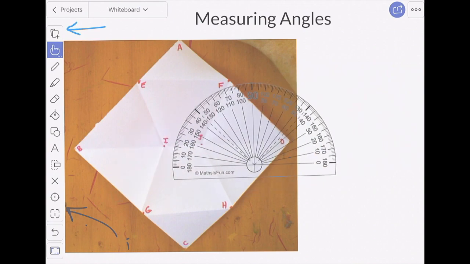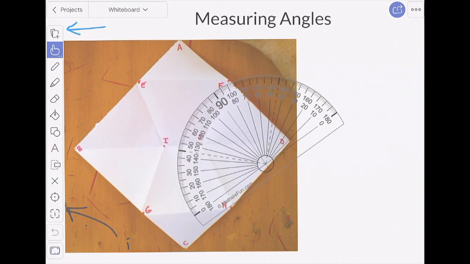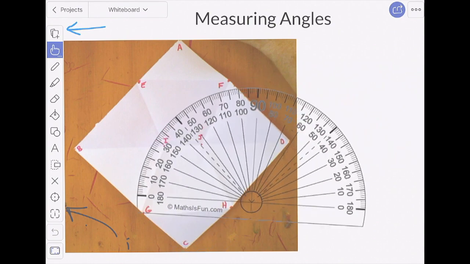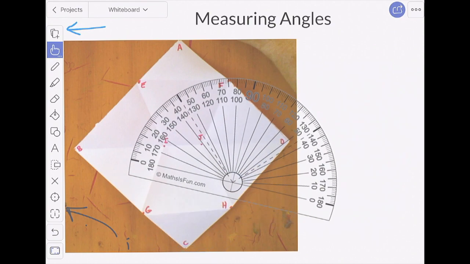And if you want to rotate it, which you're going to have to do, you need to put 2 fingers down on that protractor and move it around. So let's measure one of these angles here.